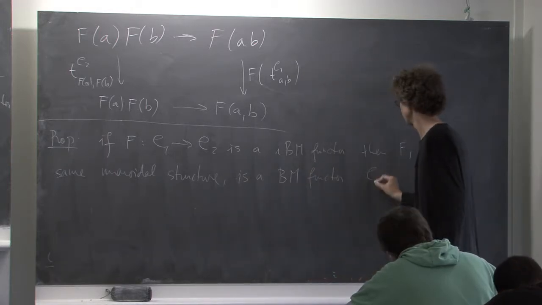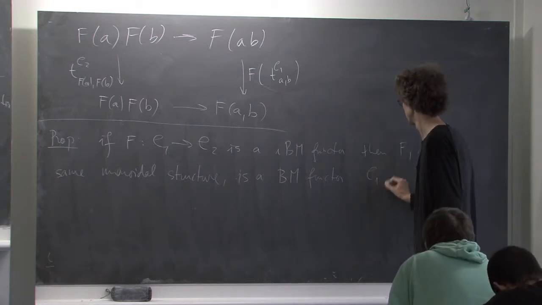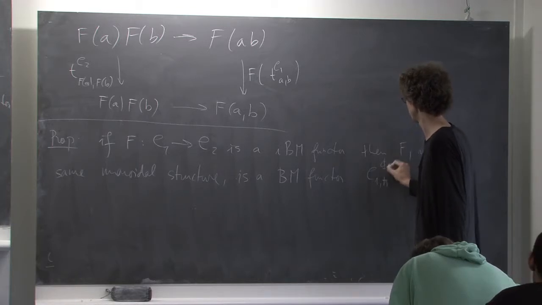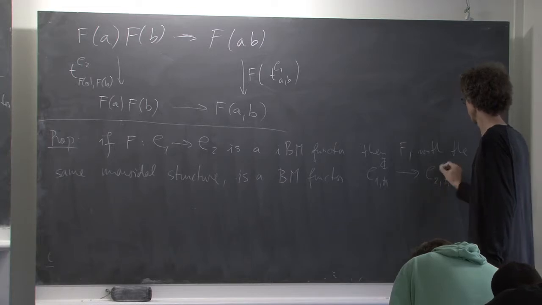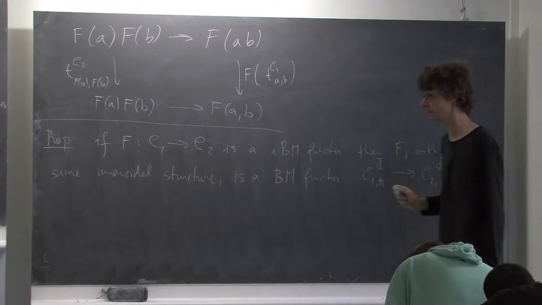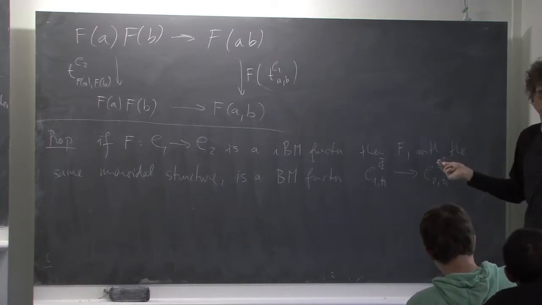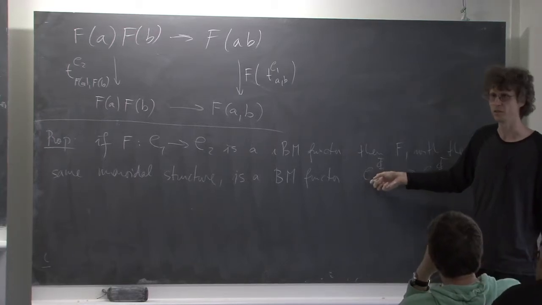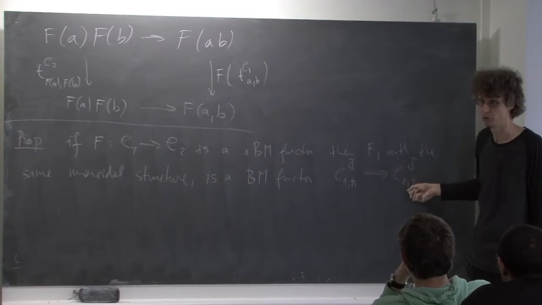from this fully deformed C1, H bar phi, to C2, H bar phi. And frankly there is nothing to prove, right? Because the braiding here is given by a formula. The braiding here is given by the same formula.